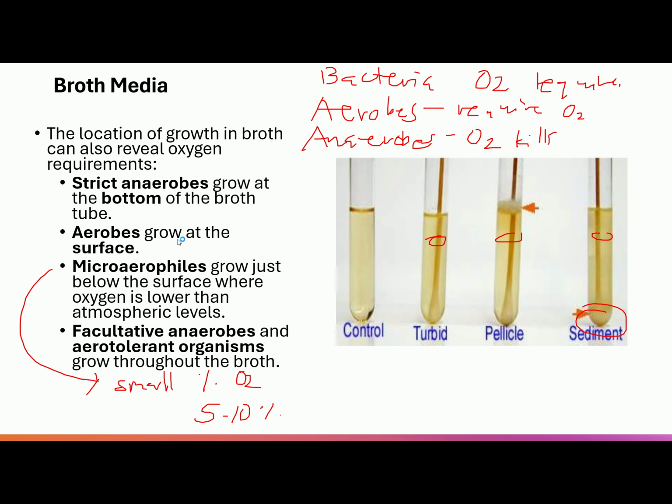Now, pag sinabi mong facultative, it may grow with or without oxygen. So sa case na to, class, facultative anaerobe siya, di ba?